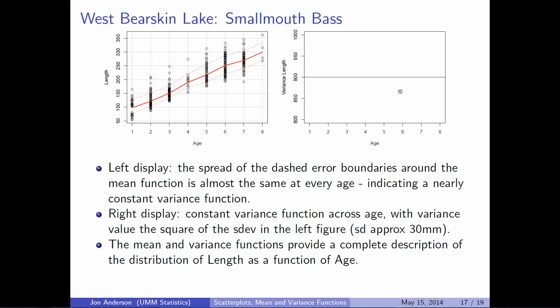So the variance function is displayed over here on the right, and I've gathered the information about the variance from this smoothed red dashed distances between the mean function and the standard deviation bounds.